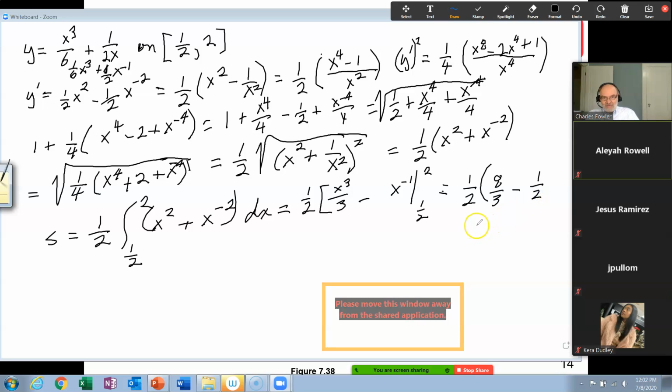Okay, minus, plug a 1/2 into the first part. 1/2 cubed is 1/8. That would be 1/24. But that's going to be a minus now. And the other part is a minus, which becomes a plus. One over 1/2, which is 2. Okay, that's all in the parentheses.